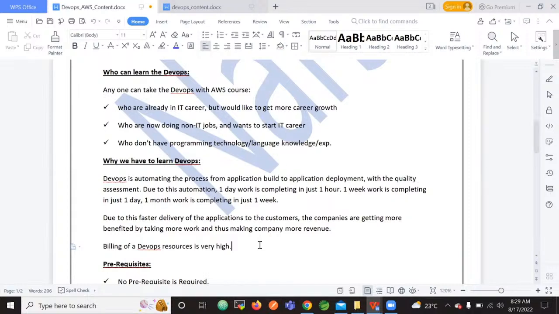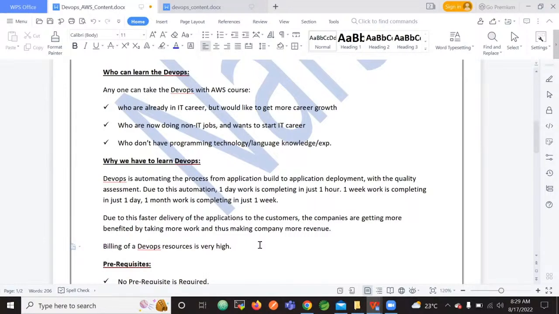So when applications are automated using DevOps, DevOps resources are needed. That is the reason there are more opportunities in DevOps tools and the DevOps career. Meaning DevOps job roles have more opportunities nowadays.